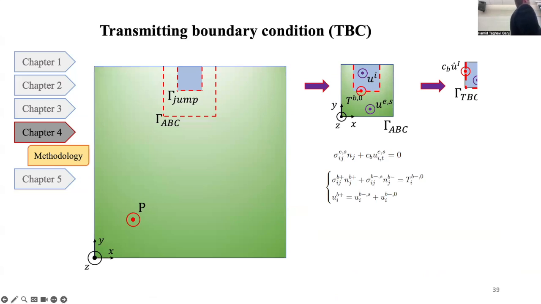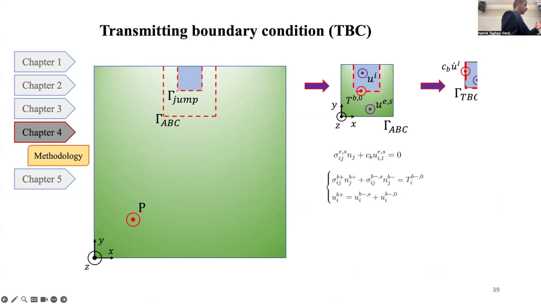So we transformed this original problem into a new problem where we have the jump interface, which is in charge of generating the incident waves or incoming waves. In addition to that, we need to consider an absorbing boundary condition some distance from this jump to absorb the scattered waves.